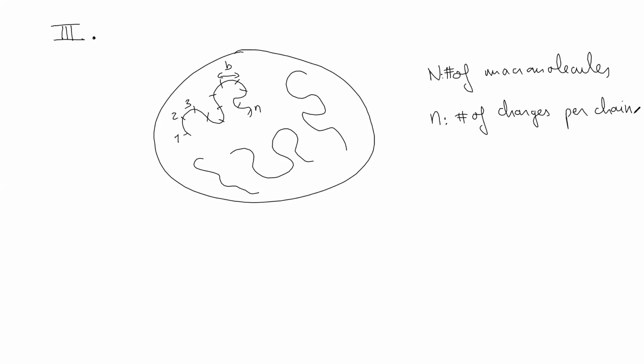All right, and we put all that into a cell of a certain volume V at a certain temperature T. So number is fixed, volume is fixed, temperature is fixed. We are in a canonical ensemble, and we add an ingredient of importance. We have charges everywhere, so we have counter ions everywhere to ensure electron neutrality in particular.